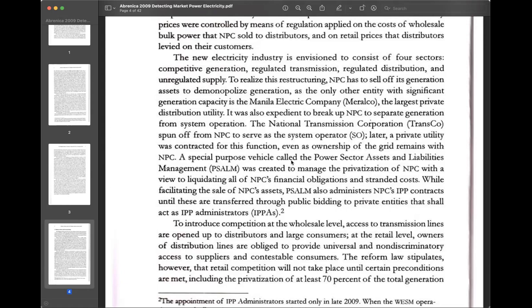For the purposes of this paper, you can think of them selling a lot of their generating capacity to a special purpose vehicle called the PSALM, which is created to manage and privatize these assets of NPC. PSALM also administers the IPP contracts. So essentially, they're also participating in electricity generation.